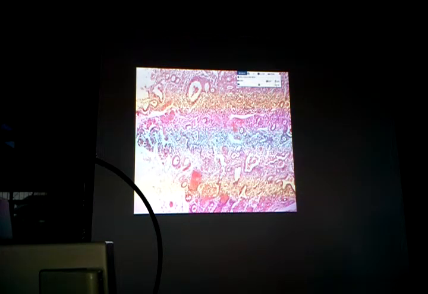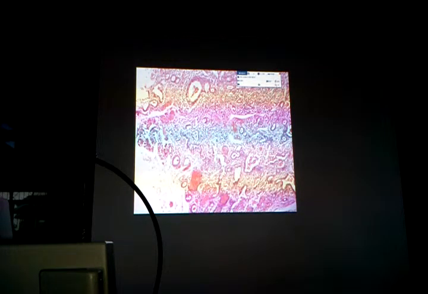Healing, repair, which will come in the form of repair. So, what are the two microscopic evidences of repair? Fibrosis and angiogenesis. Very good.